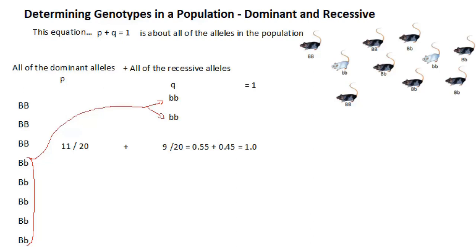What's 0.55 plus 0.45? That equals 1. So p and q represent the number of alleles in a population. It's not about the number of individuals, it's about the number of alleles. That's what genetics is about though too, isn't it? It's about alleles.